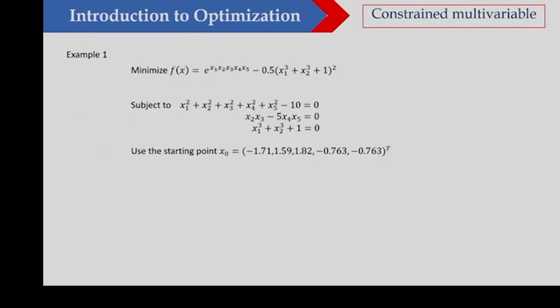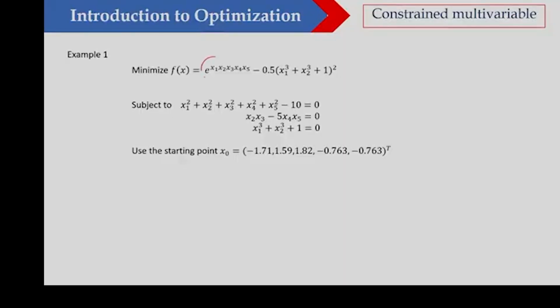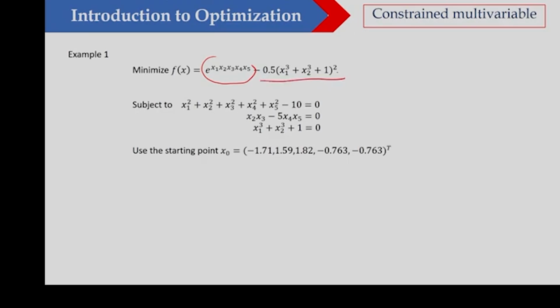Now, let us see, I would like to solve this particular problem using the fmincon function. So, here we have the objective function, which is e to the power x1 into x2 into x3 into x4 into x5 minus 0.5 times the bracket x1 cube plus x2 cube plus 1 whole square.